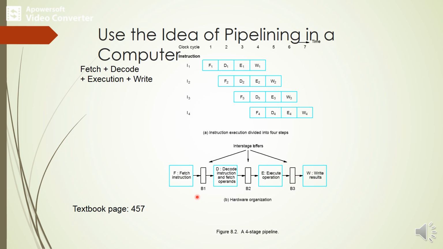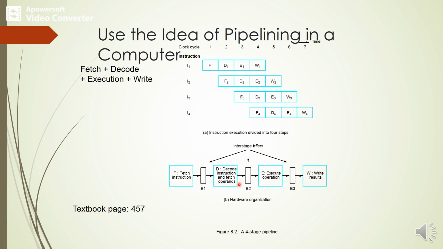Buffer B1 holds instruction I3, which was fetched in cycle 3 and is being decoded by the instruction decoder unit.